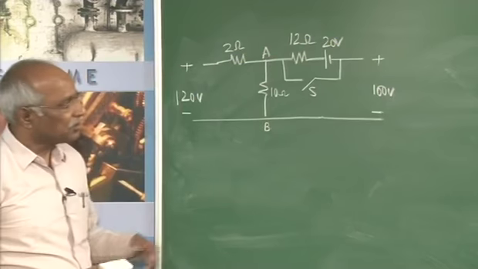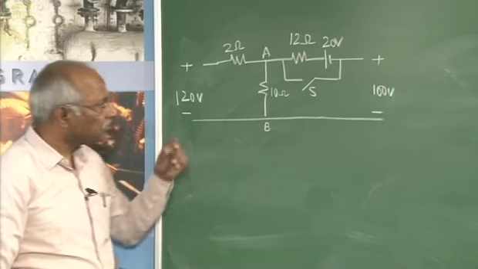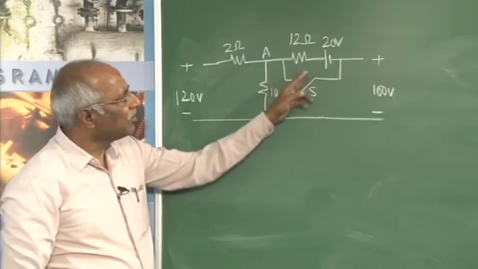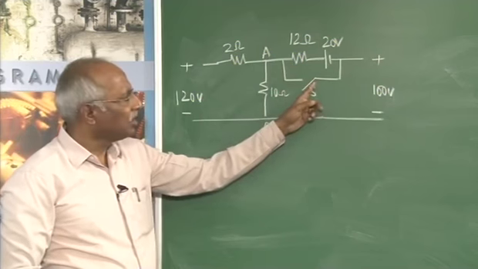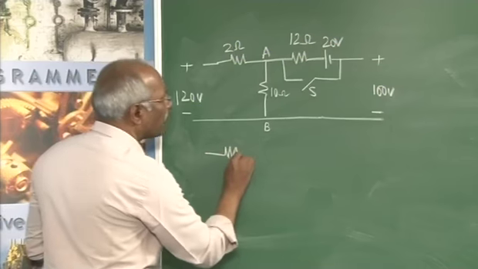Now there are two cases, when S is open and when S is closed. When S is open, the presence of this can be ignored because no current flows through this, in which case the circuit that results will be this.